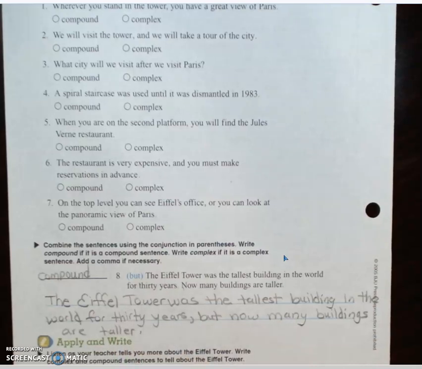Okay, period. Okay, so we finished that one. Remember, I want you to write that sentence out. It's practice writing it out. We're not just going to take the shortcut and squeeze it in there.